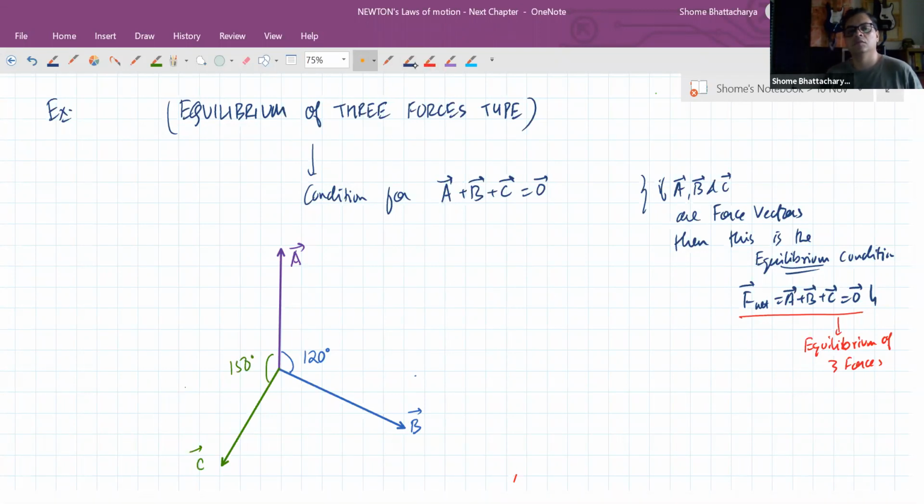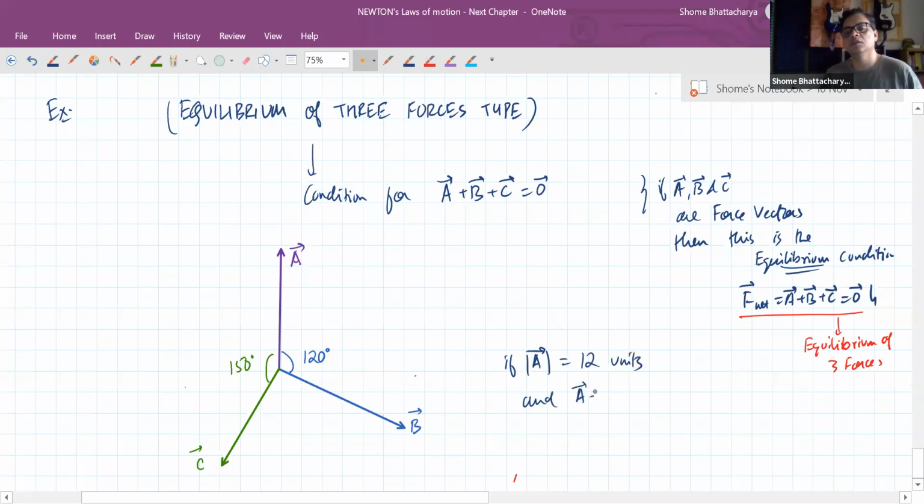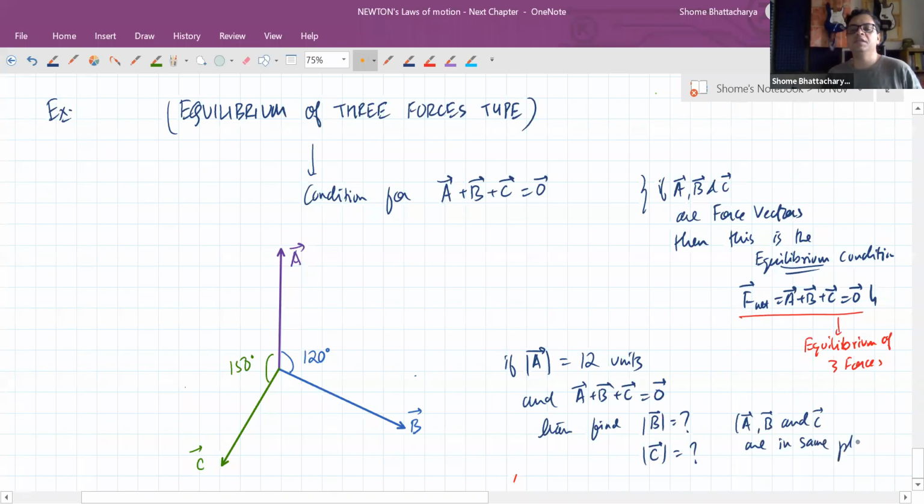Okay. So the question here is that if the magnitude of the vector A is 12 units and A plus B plus C equals 0, then find the magnitude of B and the magnitude of C in the same plane, or basically they are coplanar.